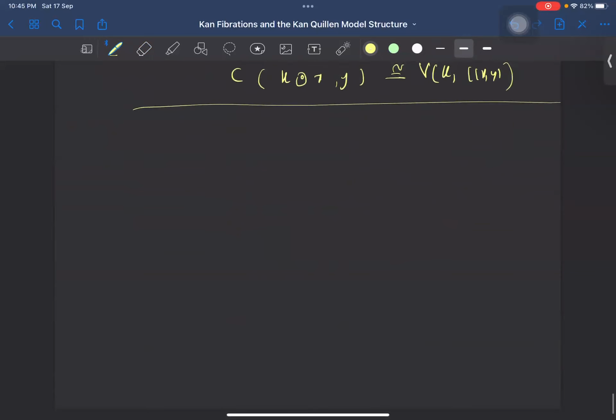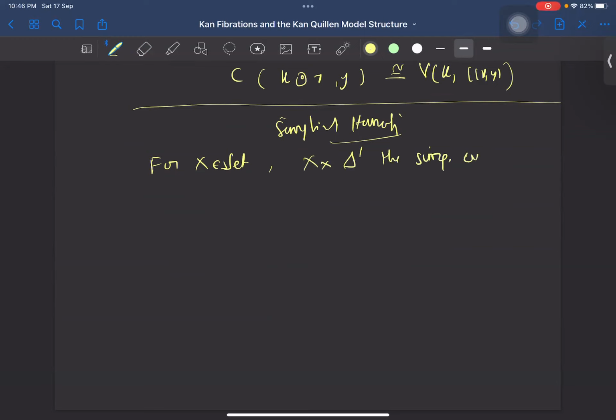So now I'll give a quick recap of homotopy, let me call it simplicial homotopy. For a simplicial set X, we know that this is the simplicial cylinder object.